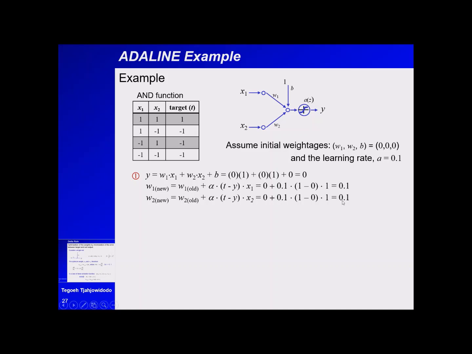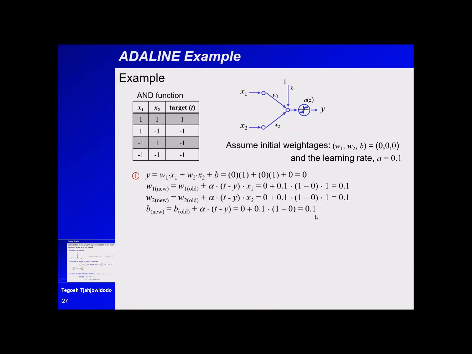It will be equal to 0.1 again. So the new W2 will be equal to 0.1. I still have to update B, the bias. I do the same thing: the old bias plus the learning rate times the difference between the target and the current output, and times 1, basically. Why 1? Because 1 is coming from the bias. So this will be equal to 0.1.